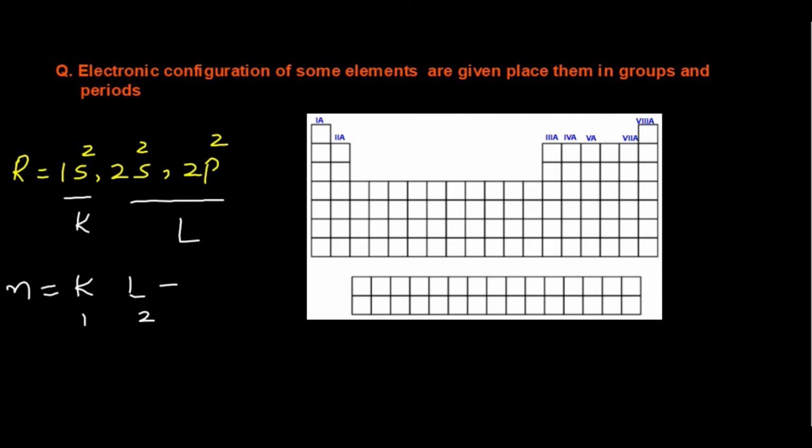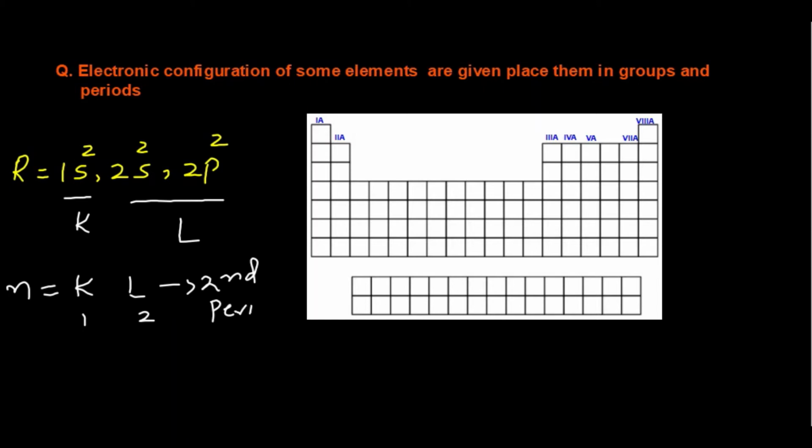And we know L is the valence shell. When n value is 2, it means this element belongs to second period. So the period is second.